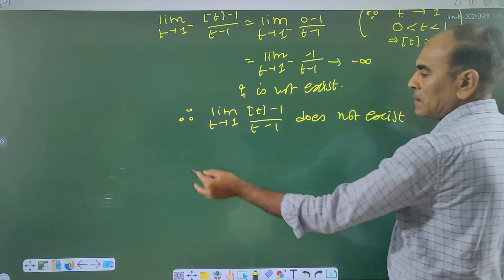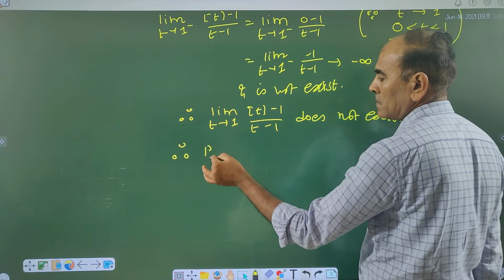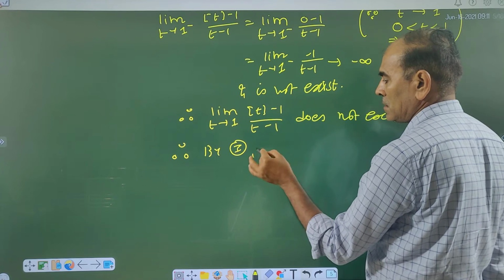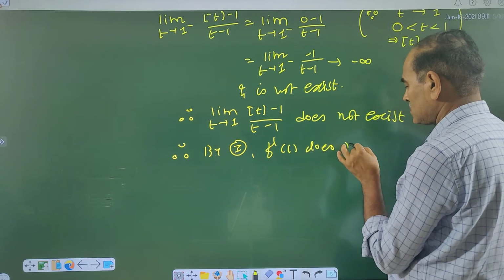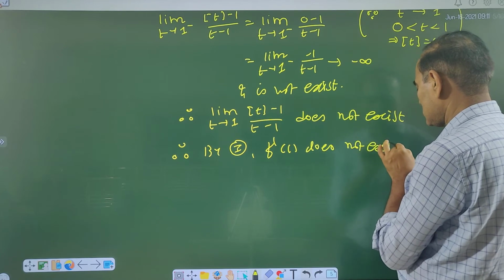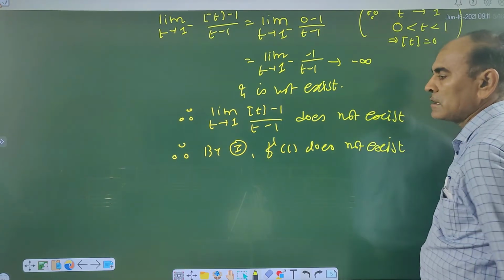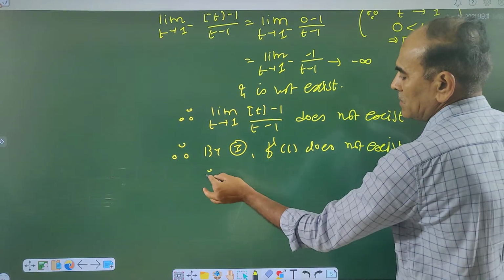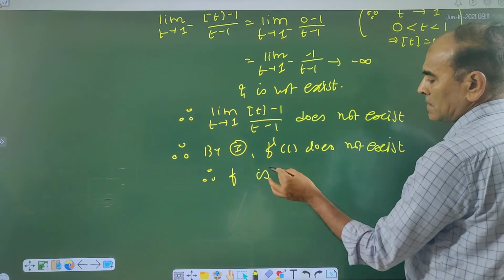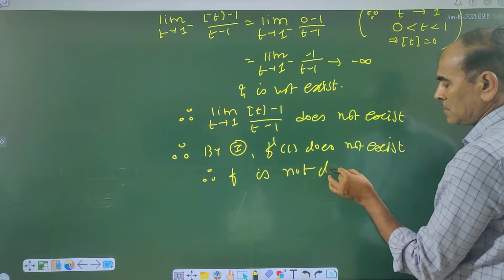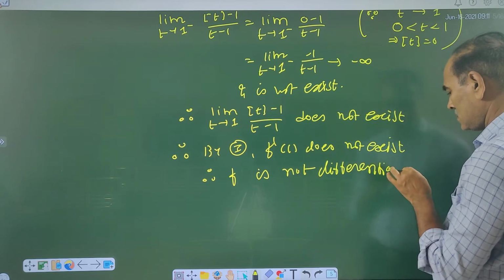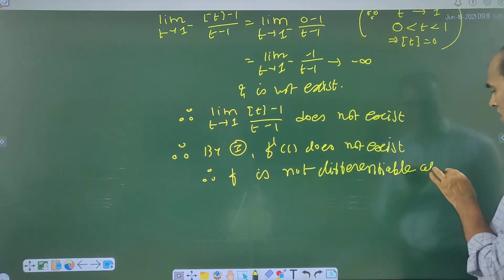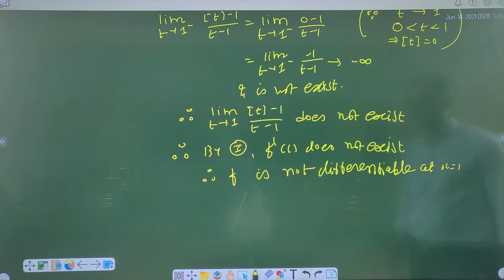And therefore f dash 1 does not exist. Clear? Yes. And therefore f is not differentiable at x is equal to 1.